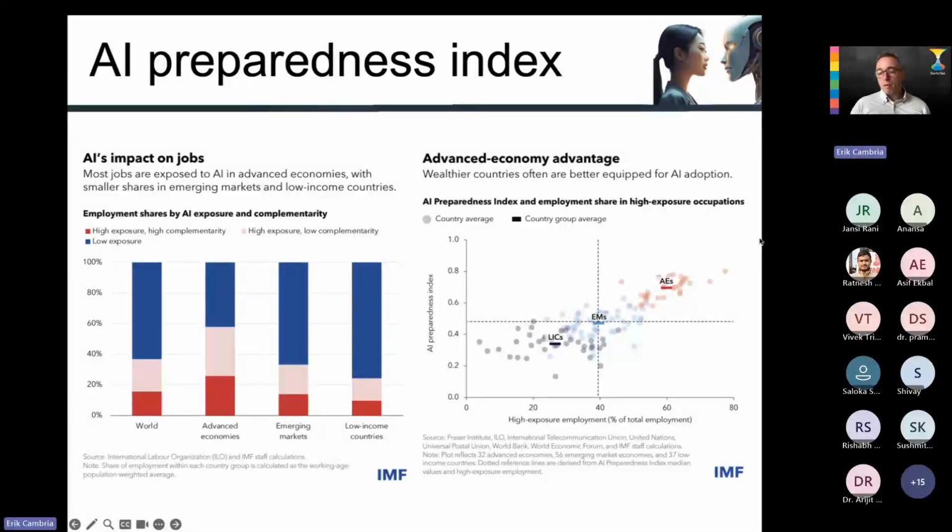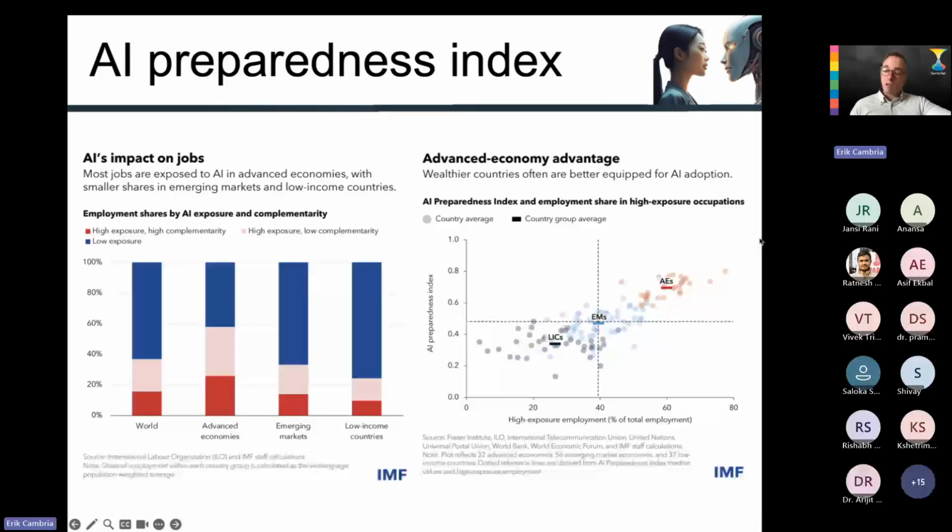If you're interested in these topics, I don't want to talk too much about this, but there are some interesting reports, like the IMF report from last year that talks about AI preparedness. They even came up with the definition of an AI preparedness index, which basically tells you that some of the more advanced economies are supposedly more prepared for the changes that AI is bringing about.